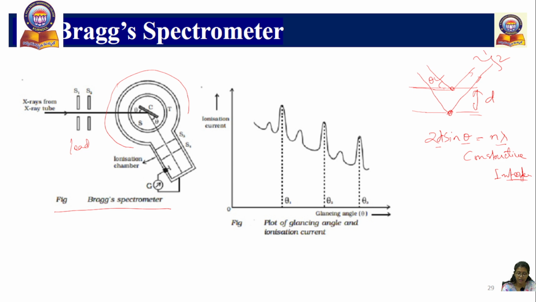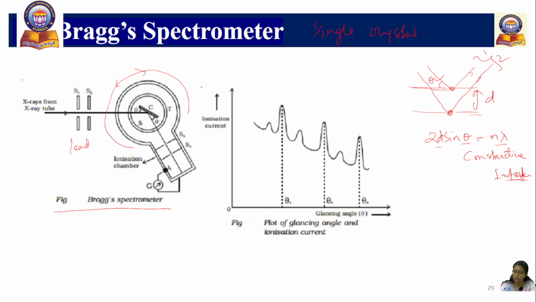Now let us move to this. This is our theta, because we have a single crystal in Bragg's spectrometer. So what kind of crystal do we use here? We use a single crystal. If we rotate this whole table clockwise or anti-clockwise, the theta value will change.